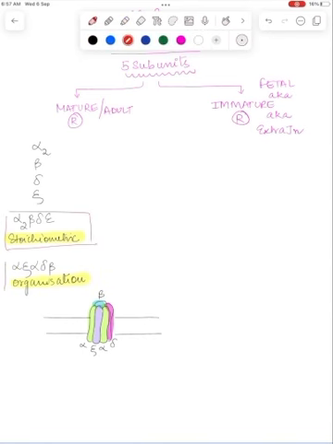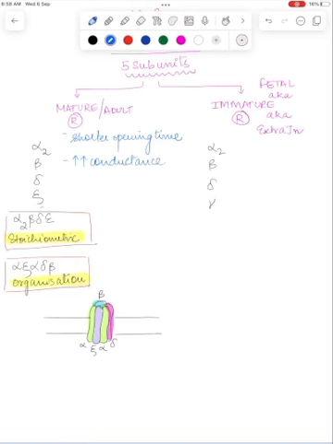Whereas the immature receptor is going to have 2 alpha subunits, 1 beta subunit, 1 delta subunit, and instead of this epsilon subunit, it is going to have the gamma subunit. Now the basic difference between the two is that the mature or adult type is going to have a shorter opening time, but it is going to have a much higher conductance for sodium, potassium, and calcium.